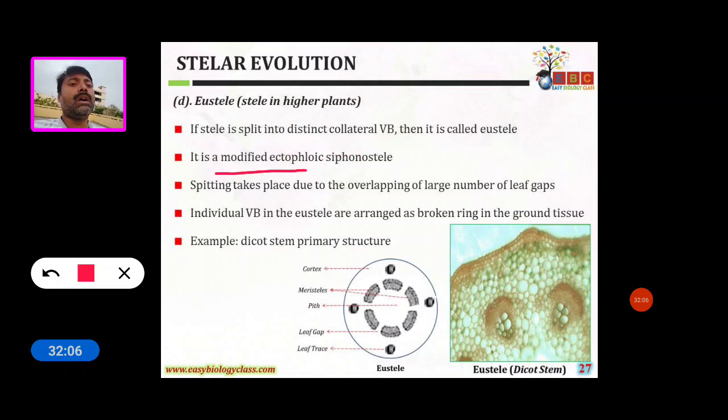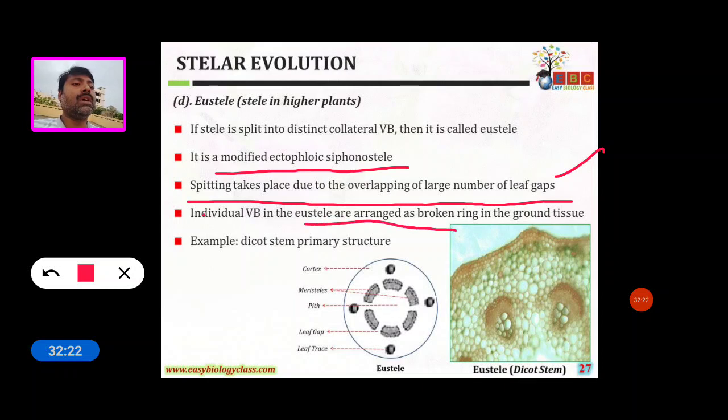It is a modified ectophloic siphonostele, and the splitting takes place due to the overlapping of a large number of leaf gaps, and the individual vascular bundles of the eustele are arranged as a broken ring in the ground tissue. This type of eustele we can see in the dicot stem.